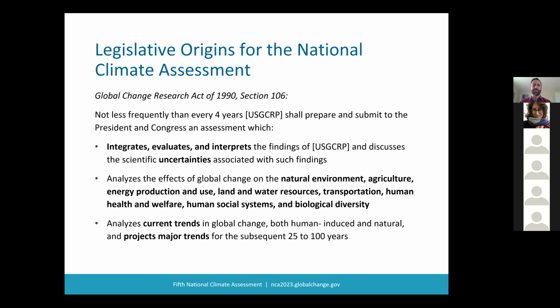USGCRP is charged with assessing current trends, as well as projections for the next 25 to 100 years. The NCA is used by organizations and individuals for a variety of purposes, including national policymaking, risk management in the private sector, local mitigation, adaptation planning, as well as by practitioners, utility managers, and educators.